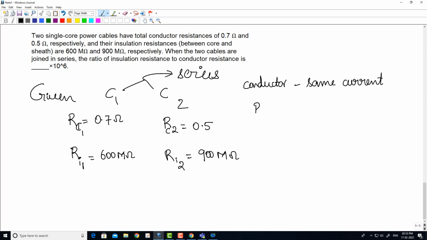So conductor resistances can add up. Rc is equal to Rc1 plus Rc2, that is 0.5 plus 0.7, equal to 1.2 ohms. The insulation resistance is in parallel, right?